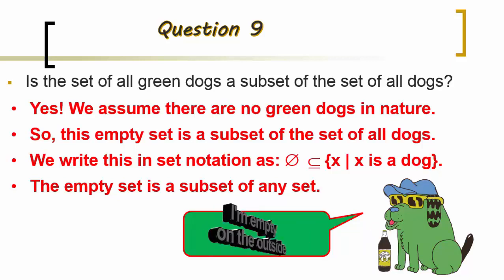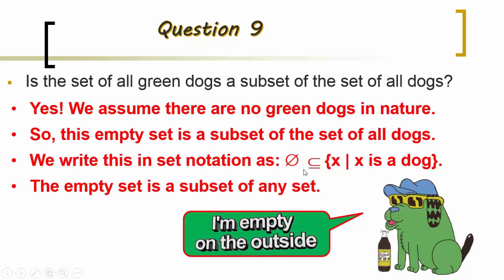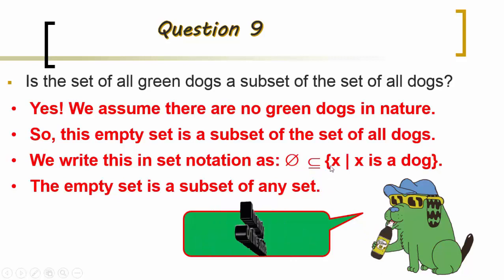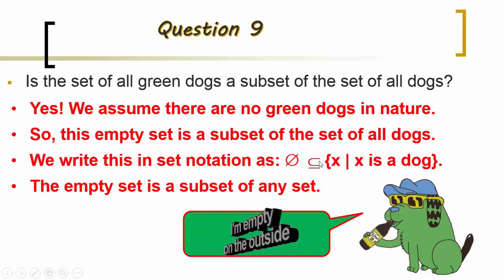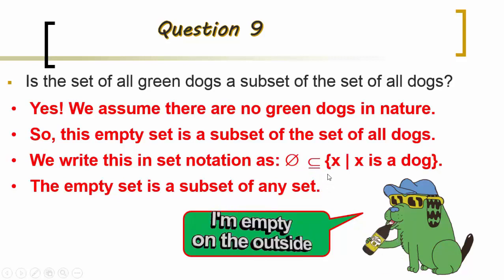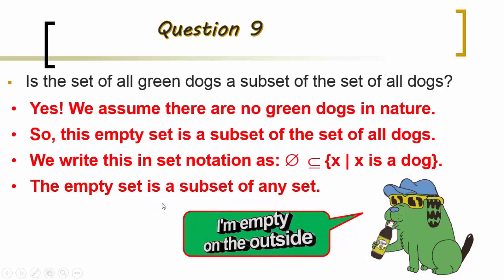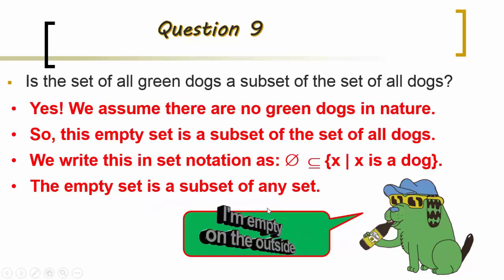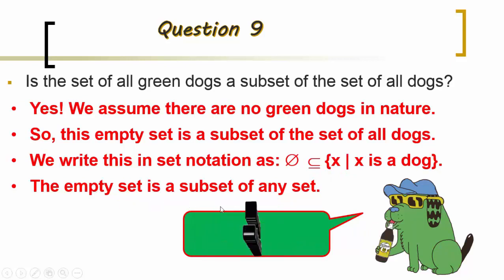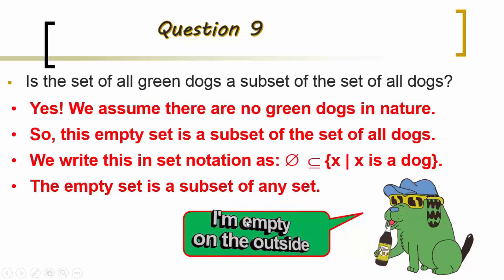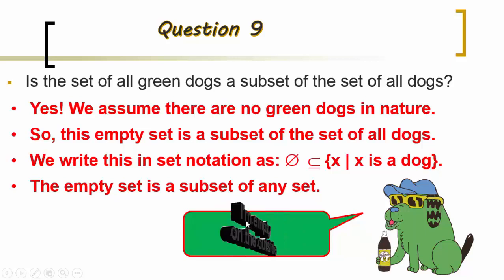So we write that the empty set, which we can put as this, or a set with nothing in it, is a subset of the set of X such that X is a dog. So the empty set is a subset of any set. So the empty set or the null set is always a subset of our original set.